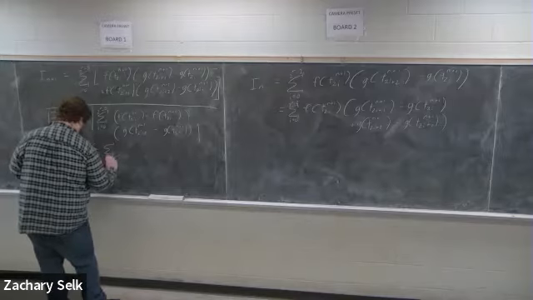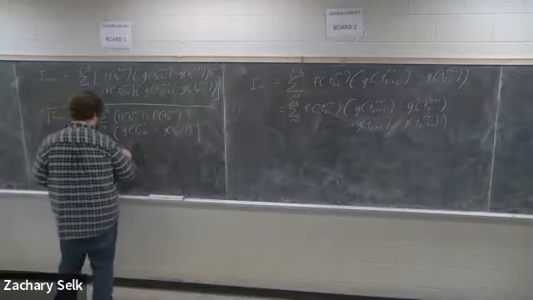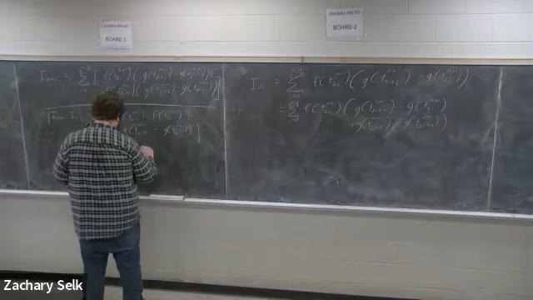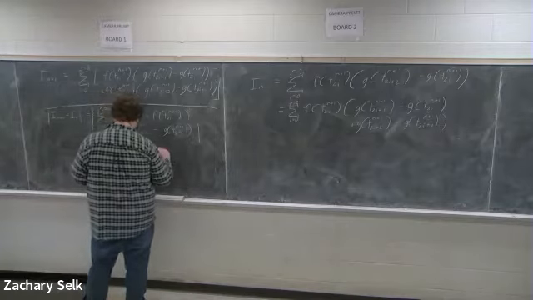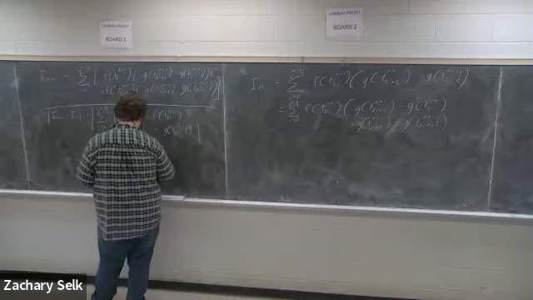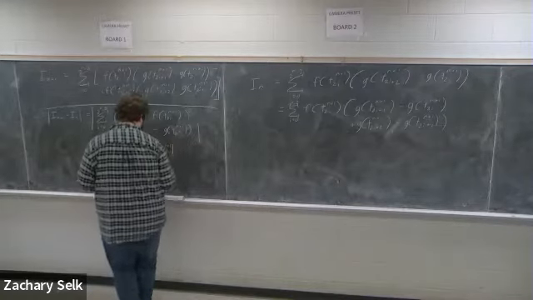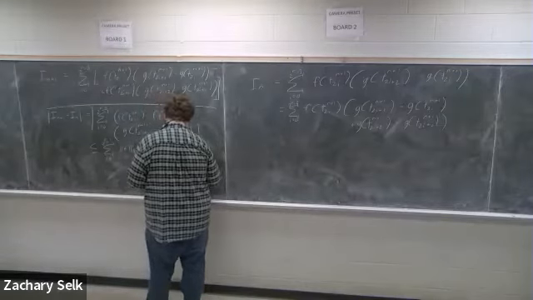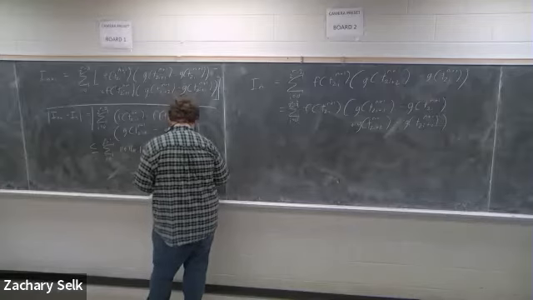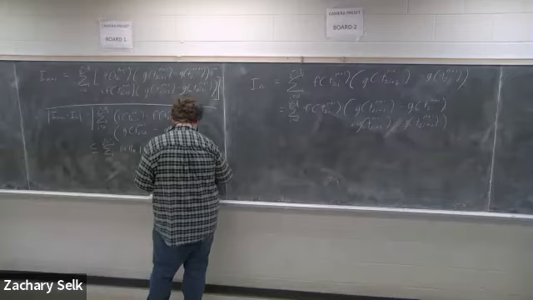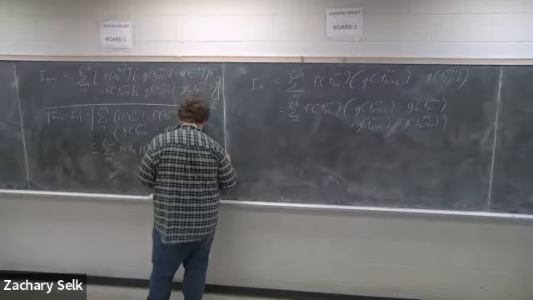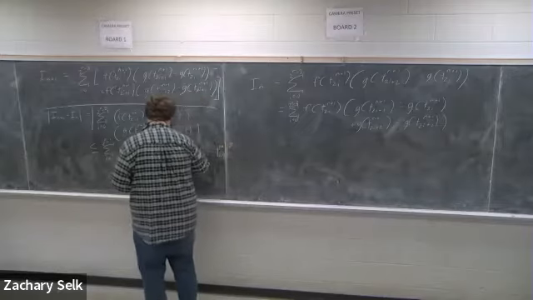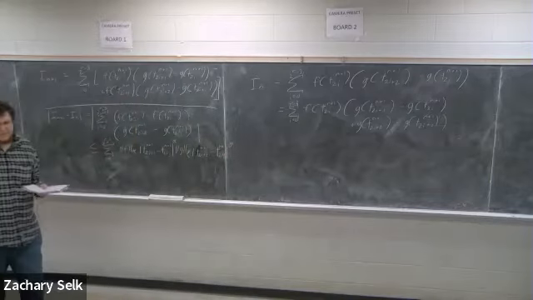Using the Holder continuity, the bound involves the alpha norm of F times the beta norm of G, just using the Holder continuity assumption.